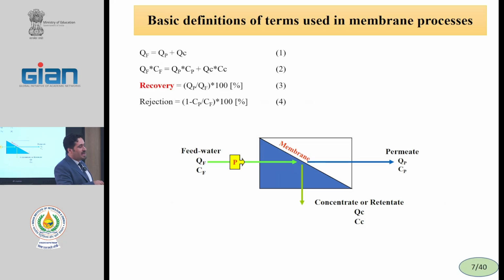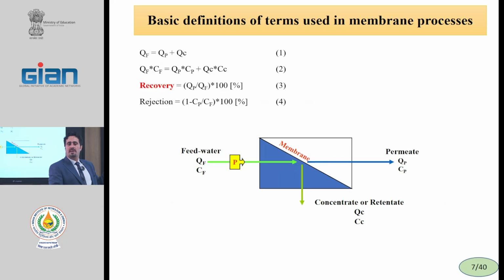One is the permeate that passes through the membrane, and the second is the concentrate, or retentate, or rejected stream. One entrance is divided into two streams: one permeate and one concentrate.